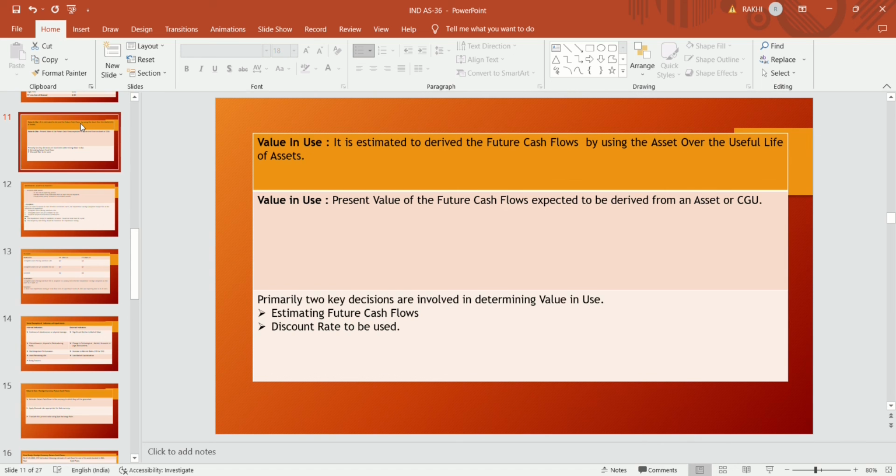Primarily two key things we check while determining the value in use: firstly, we estimate the future cash flow generated by using the asset, and also the rate at which it is to be discounted. Both are the two key things involved in finding the value in use.